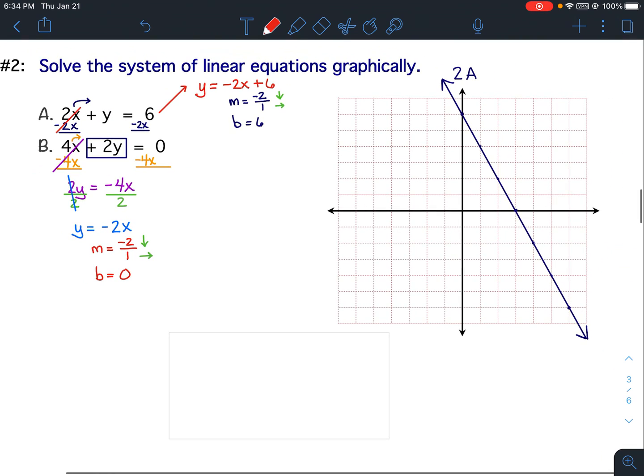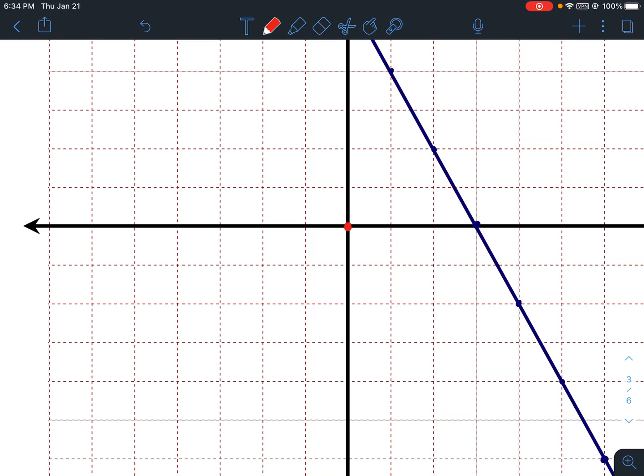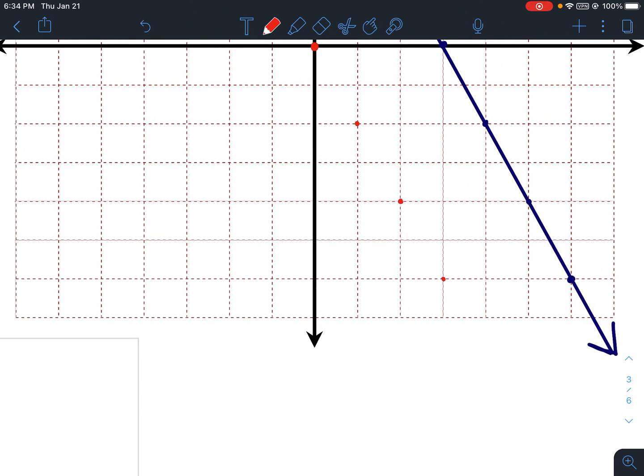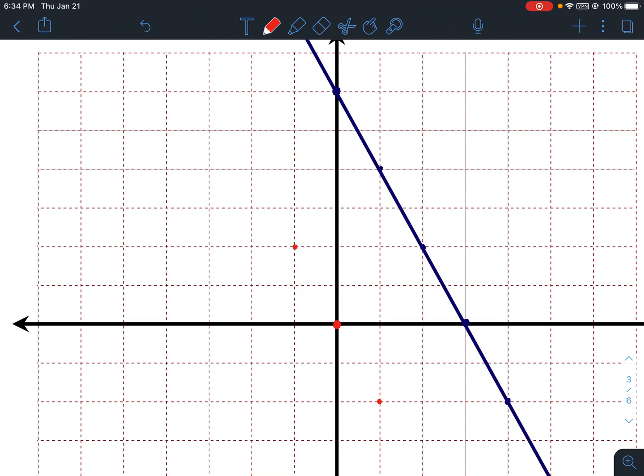Okay, so starting at the origin, I go down 2 over 1, down 2 over 1, down 2 over 1, up 2 to the left 1. Once you've gone the one direction as far as you can, then you go the opposite direction.